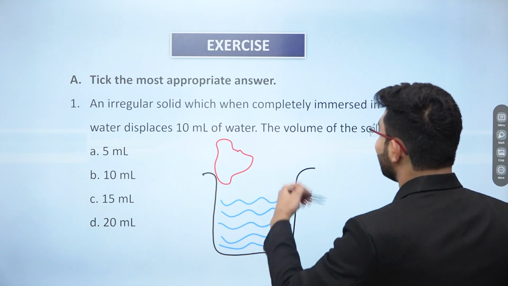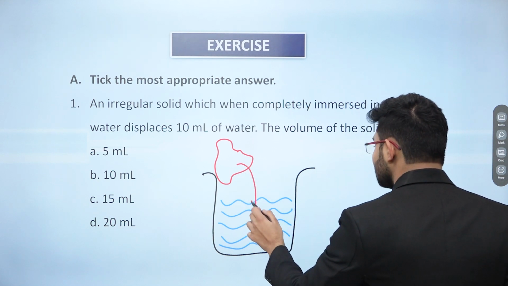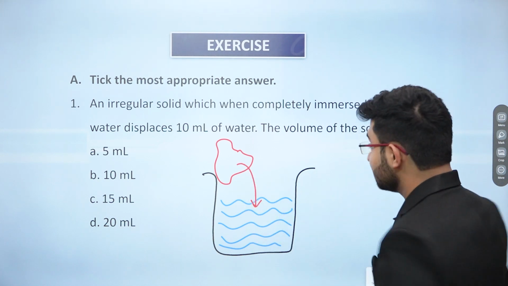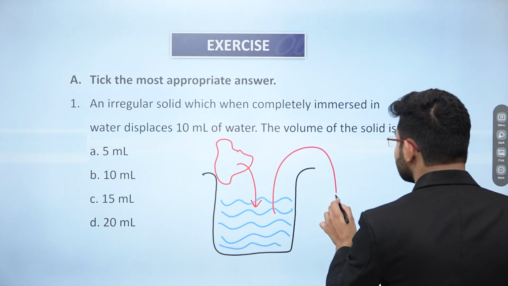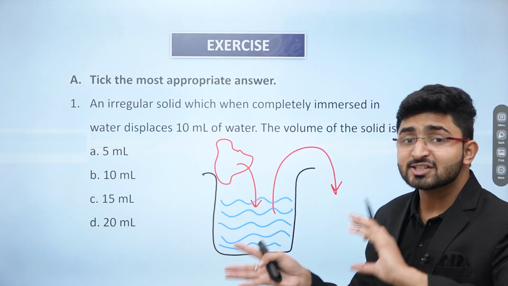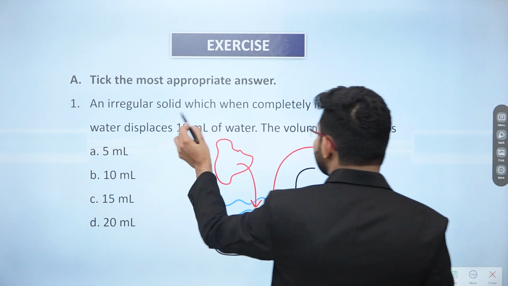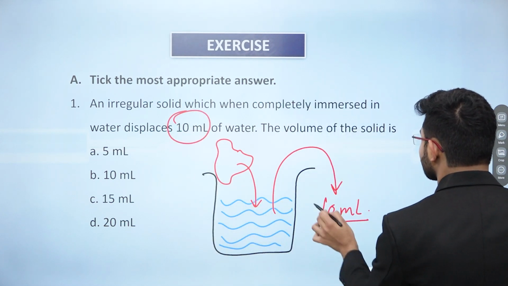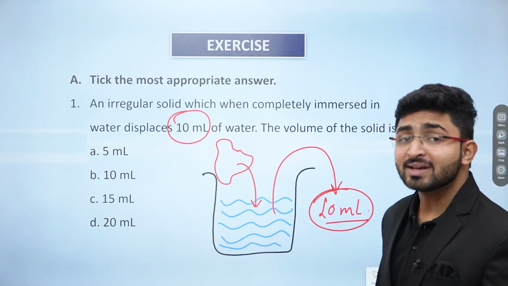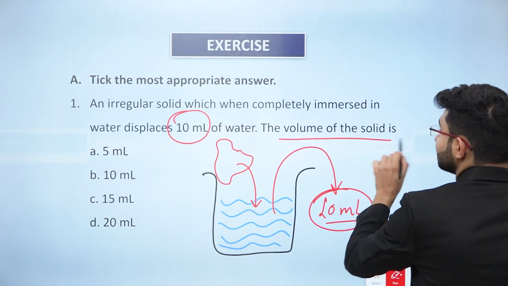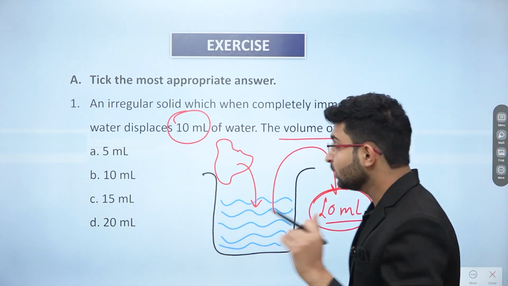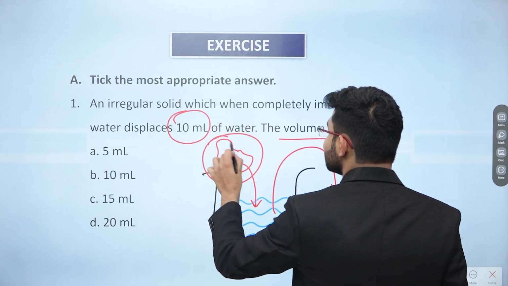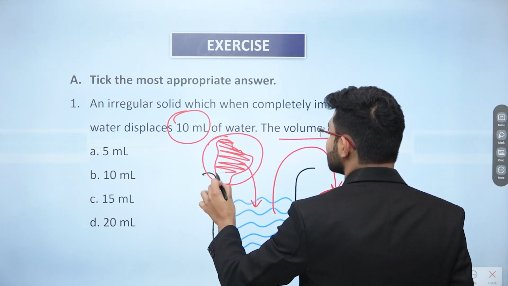When I have immersed this into the water, what happened? The water spilled out from the beaker and the volume of water that spilled out was 10 ml. So now the question is asking what is the volume of this irregular solid?